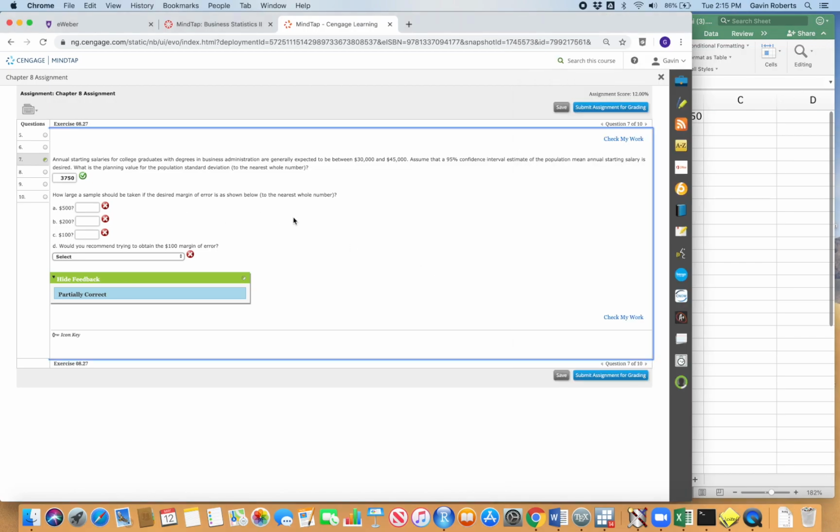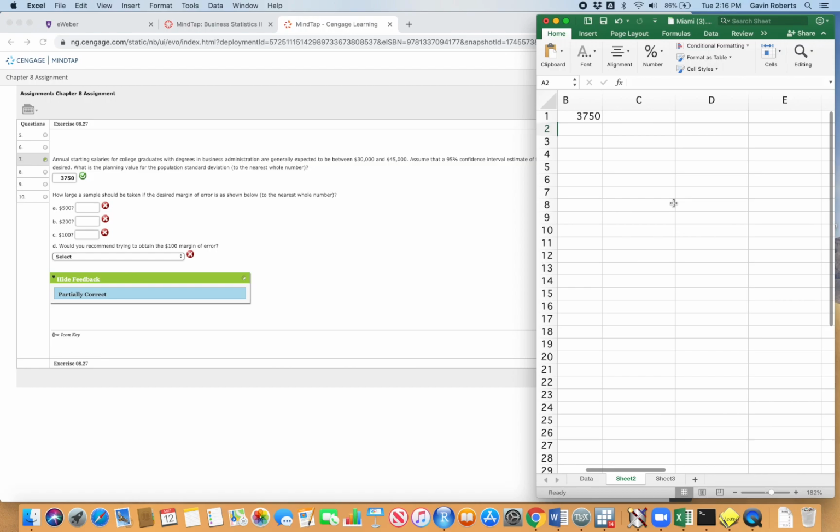How large of a sample should be taken if the desired margin of error is as shown below, to the nearest whole number? So this is interesting. You can use some weird algebra to figure that out, or you could do our trick. Let's say sample size right here. 1. Is 1 going to be enough? Probably not. 2.